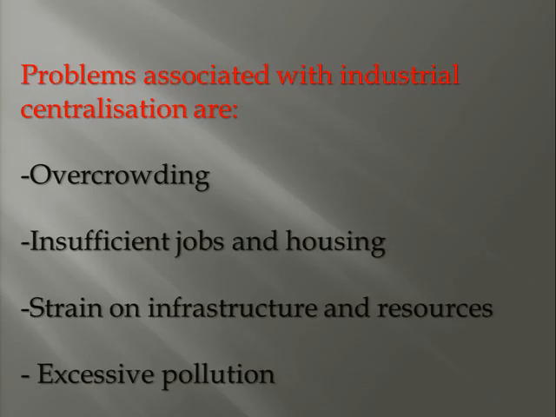In the 4 core areas, you are going to find quite a lot of overcrowding. There's insufficient jobs and housing. There's a strain on infrastructure and resources. There's excessive pollution. These are the problems that arise because of industrial centralization. Remember, we looked at the positives and the negatives of industrial centralization.